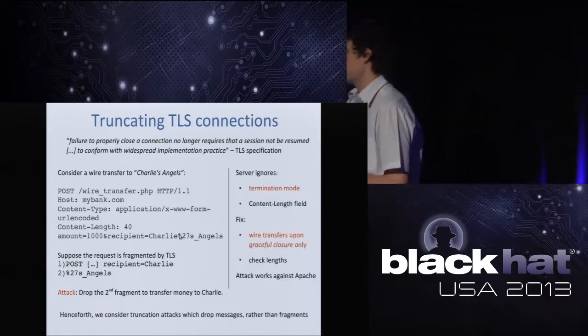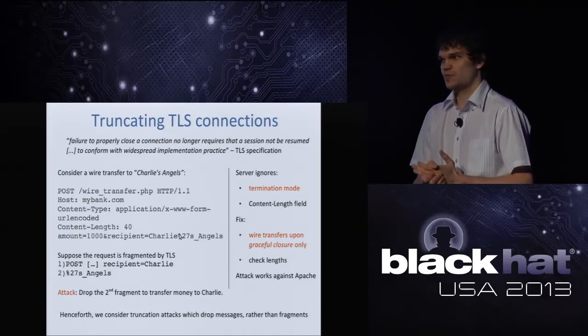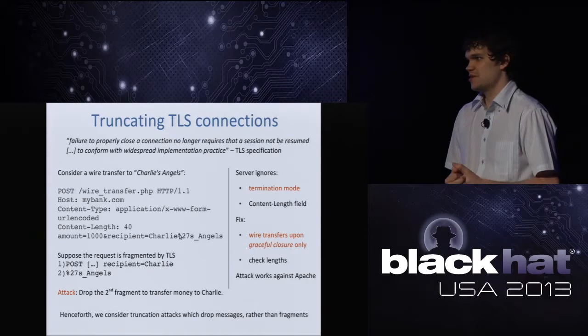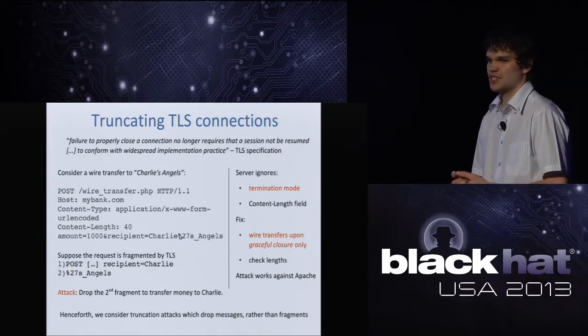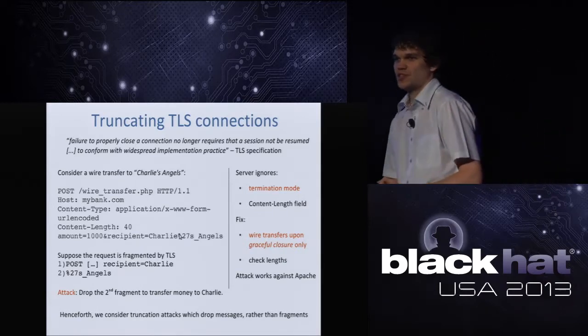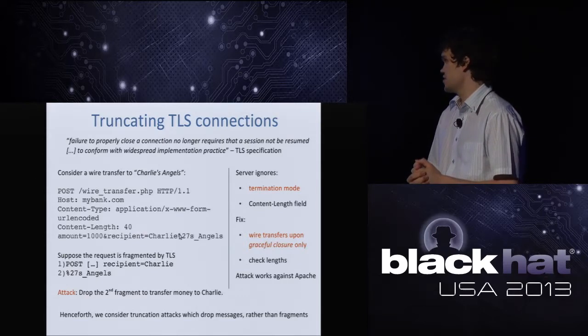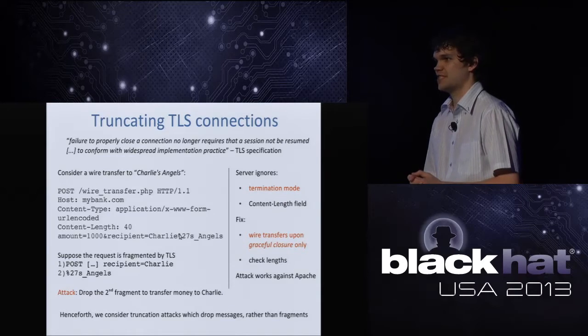Why does this work? Actually, we've tested this against the Apache web server, and it works against Apache. What's Apache getting wrong? Well, it's ignoring the termination mode. So what we could do to fix it is only execute wire transfers upon a graceful connection closure. That's not what it does. And it also ignores the content length field, which is quite surprising. So it's willing to accept just Charlie as the recipient rather than the whole length that it's expecting.